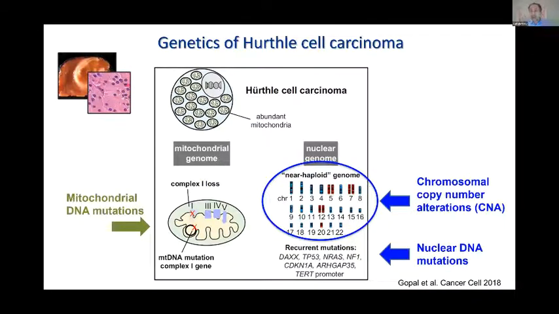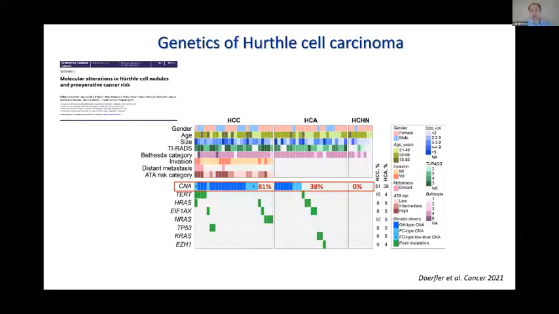And now we have two chromosomes of the same type, either paternal or maternal. This is really a very enigmatic type of genetic alteration. We're still learning to understand how it causes cancer development, but there is a strong feeling in the field that this represents an early driver event in Hurthle cell carcinomas.